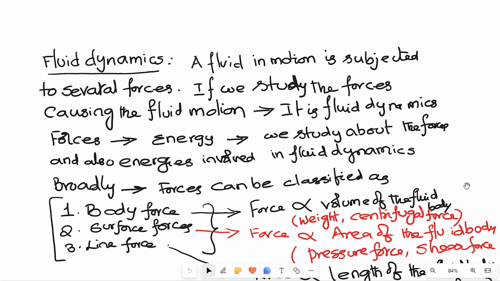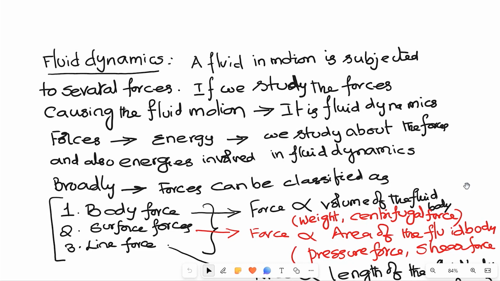But broadly, the forces that are acting on a fluid body can be classified under three headings. One is the body force, second one is the surface force, third one is the line force. The force which is proportional to the volume of the body is called body force. The examples are weight and centrifugal force.